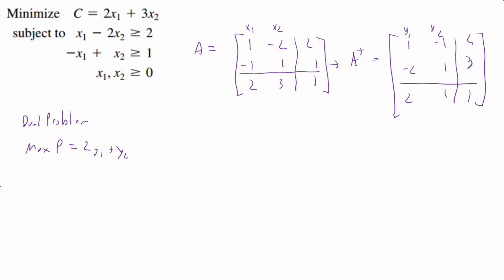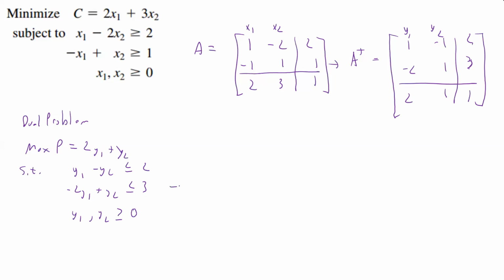And then we have subject to y1 minus y2 less than or equal to 2, and we also have minus 2y1 plus y2 less than or equal to 3. And here our y1 and y2 both have to be greater than or equal to 0.